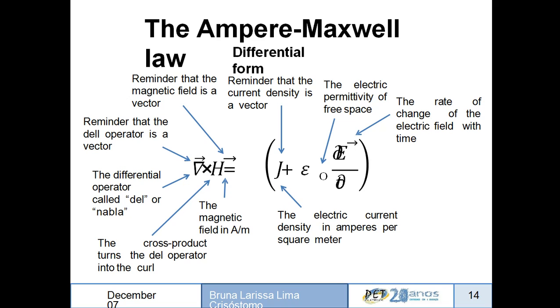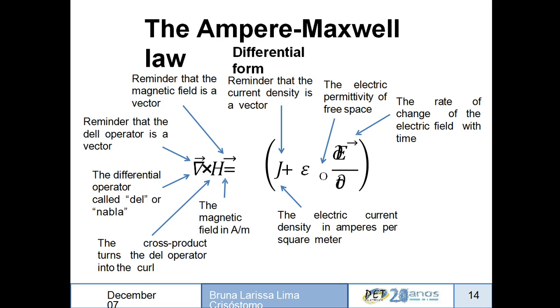The dot product of D and dA gives the total displacement coming out of the enclosed surface, always normal to the surface. According to Gauss's law, that is equal to the net charge enclosed by this closed surface.